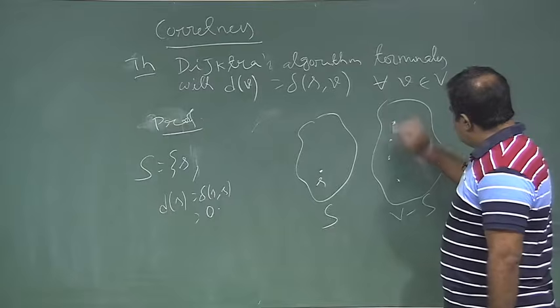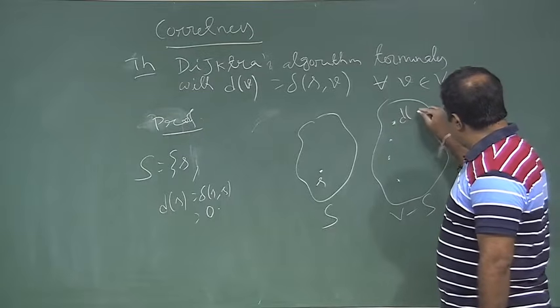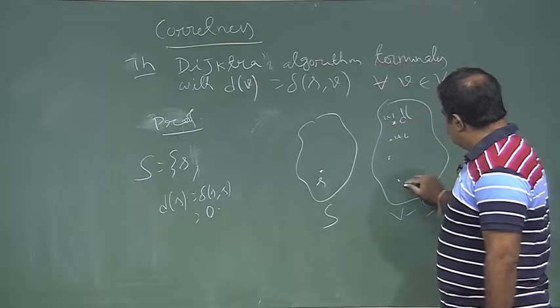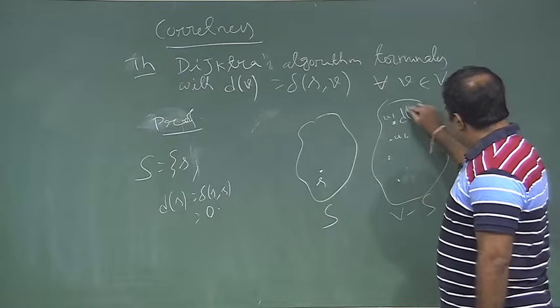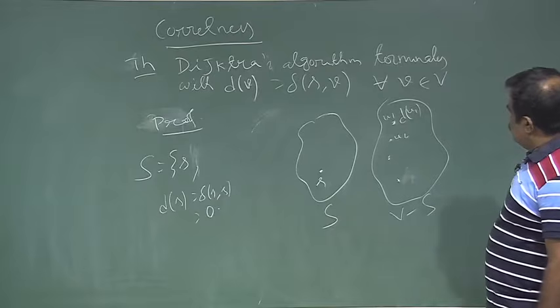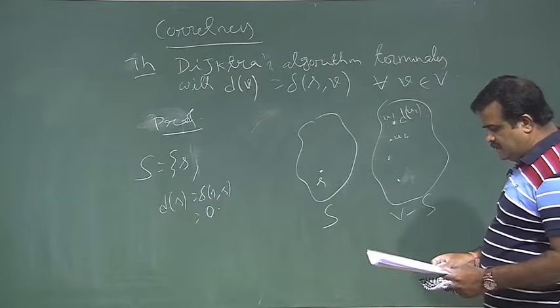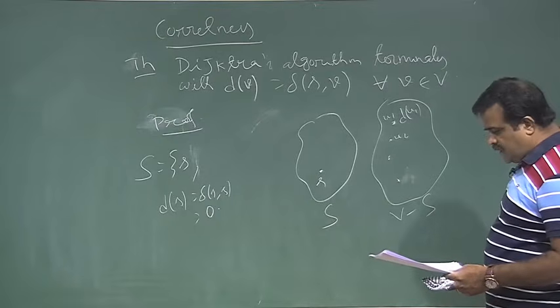Among these vertices, these are the d values of these vertices. Say this is U1, U2, up to UK.